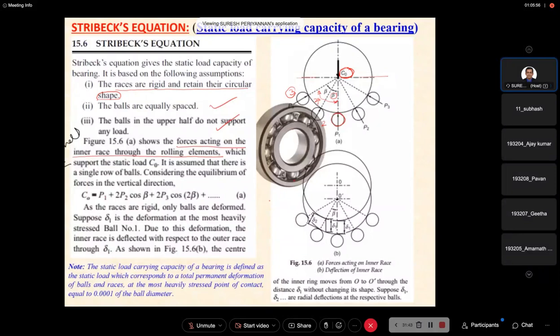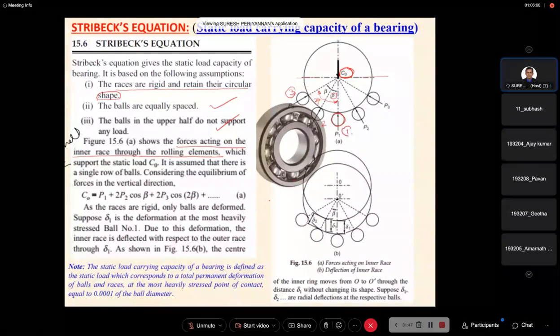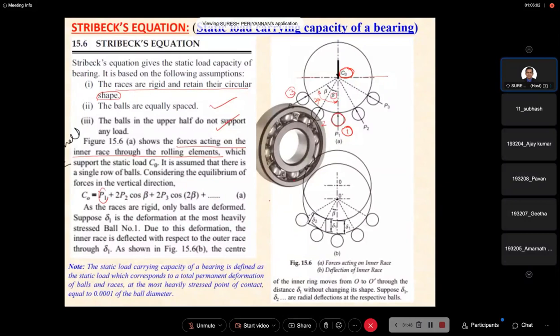Now see here, this is ball 1, with direct load P1, right? Now ball 2 here. Ball 1 is here, ball 2 is here, ball 3 is here. This is symmetric, ball 2, ball 3 here.